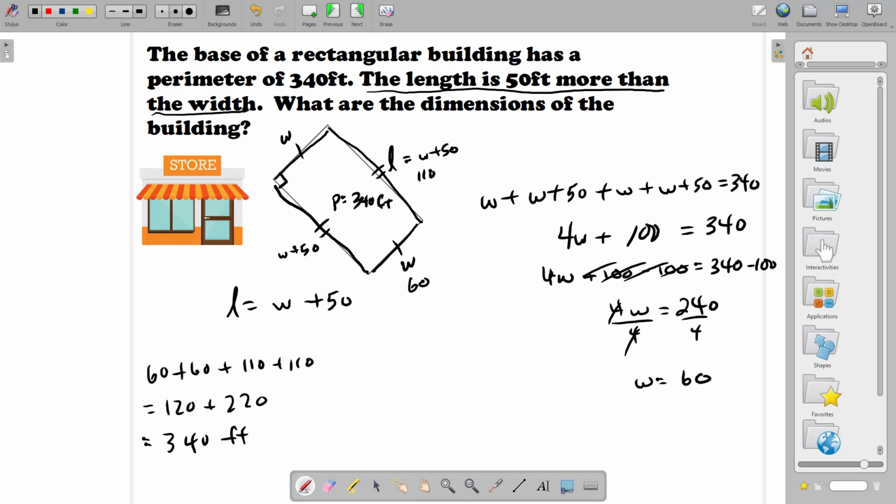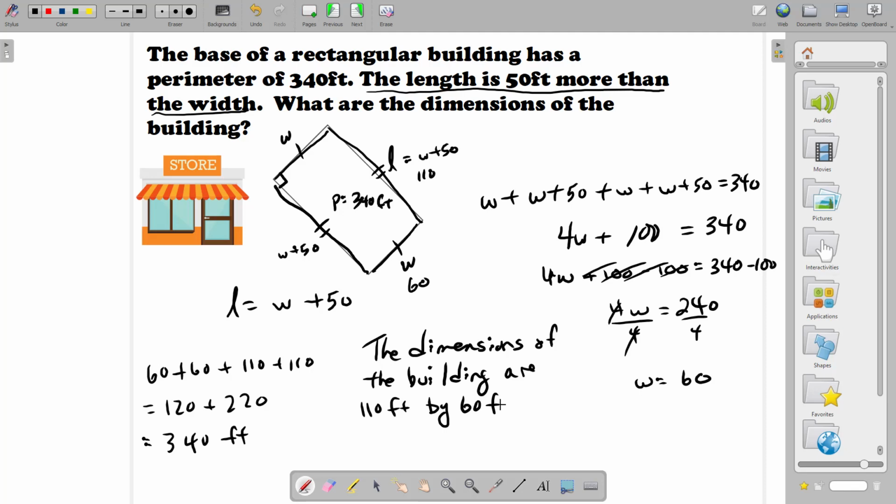Word problem should get a word answer. The dimensions of the building are 110 feet by 60 feet.